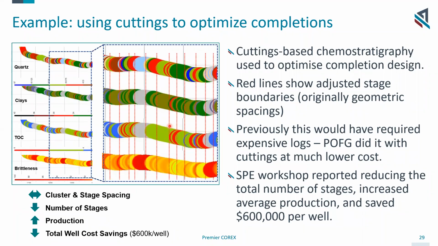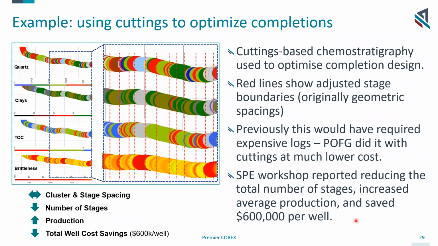They did that at a much cheaper cost than running the sophisticated logging tools. So what was able to happen was the cluster and stage spacing was adjusted. The number of stages was reduced, with a net increase in production.